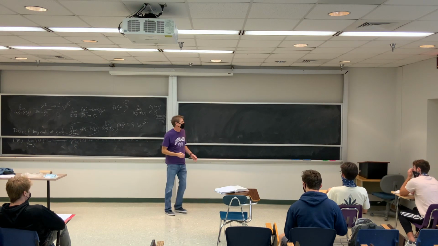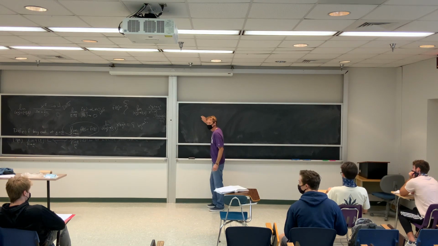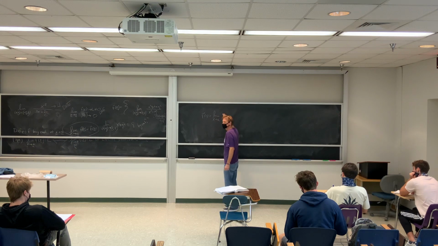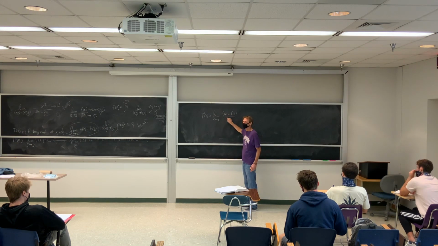Okay, let's see what you got for me. Michael, what do you got for f prime of c? The limit as x goes to c of f of x minus f of c, and I think it's over h. H works in some things, but it's not h here. It's x minus c.